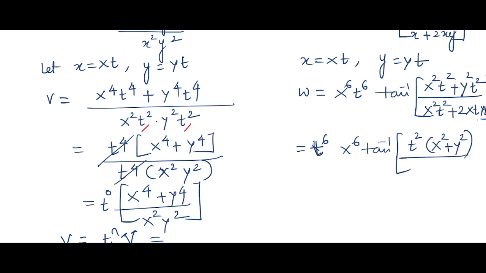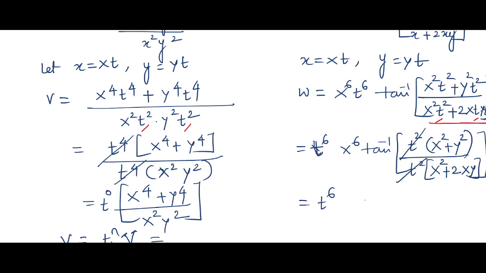From the denominator also, here we are having t², t into t again t², so we can take t² common from the denominator also. What we will get, x² + 2xy is the remaining term. Now t² from the numerator and denominator we can cancel.